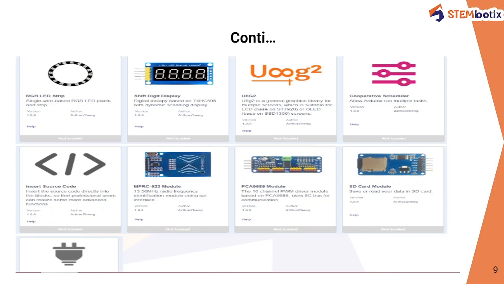We need to install this library, U8G2, to our microcontroller board. So here we can see the library of U8G2 is also available as an extension in our Blockzie software.